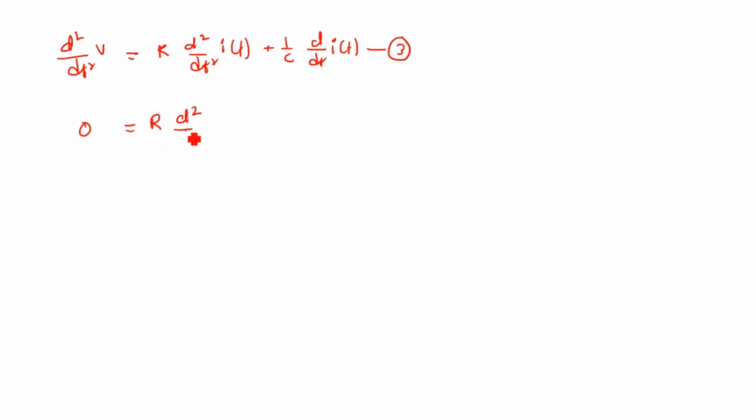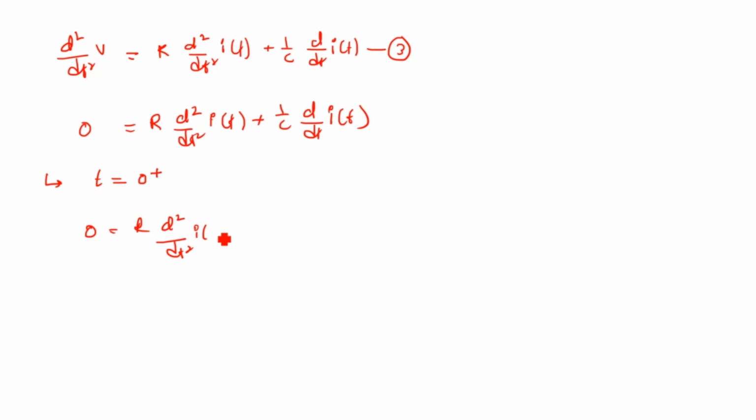So 0 equals R d square by dt square of I of t plus 1 by C d by dt of I of t. Now in this equation replace t by 0 plus: 0 equals R into d square by dt square of I of 0 plus, plus 1 by C d by dt of I of 0 plus.